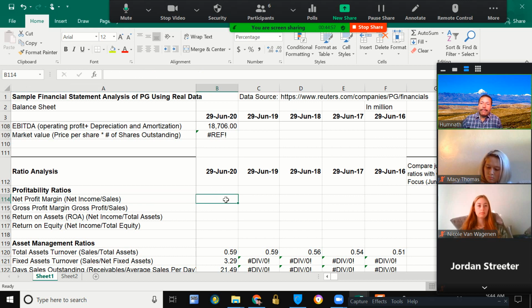The definition is net income divided by total revenue or total sales. So we start calculating. I'm going to go equal, and then find net income. Let me go up here.